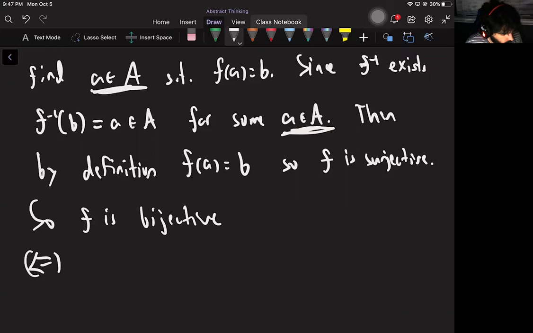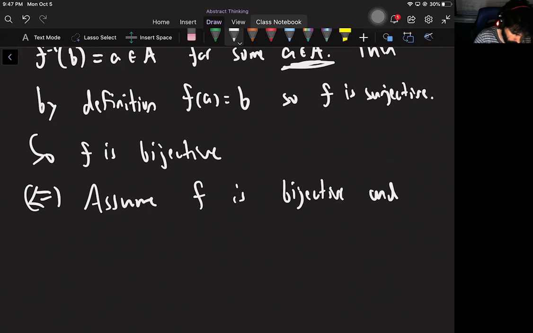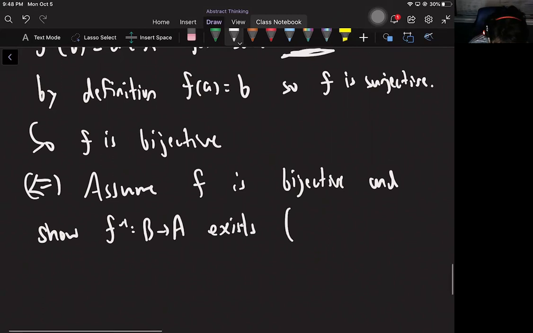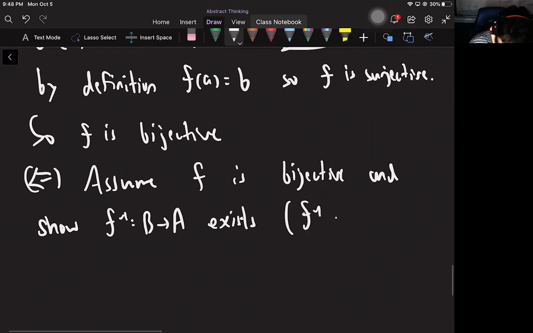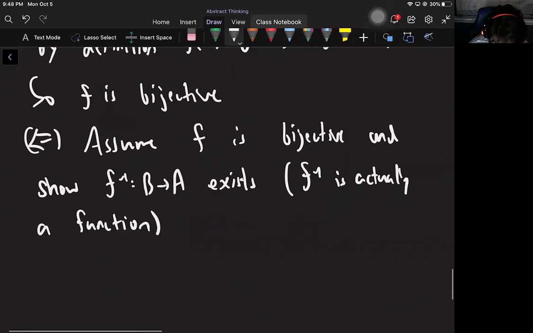I have to assume f is bijective, and I have to show f inverse exists. But what this really means is I'm showing that the process of sending a b back to a is actually a function. So no weird issues happen where I send one element to two different things, or I don't send an element anywhere. That would also be bad.